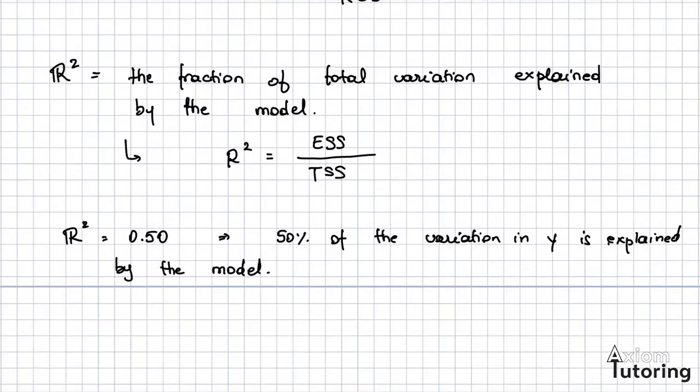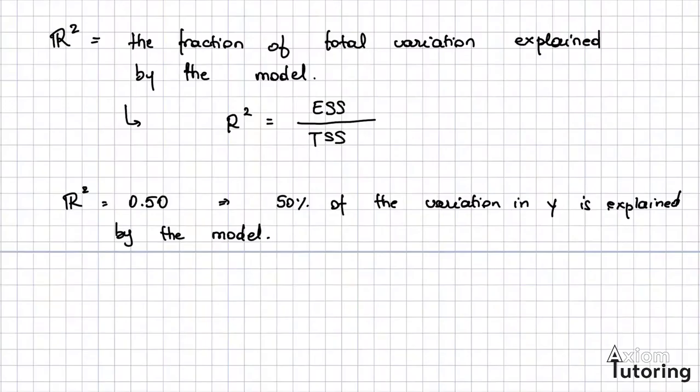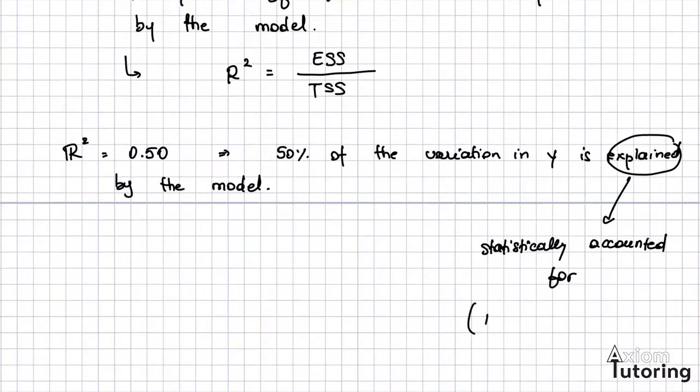Keep in mind, when we say explained in this definition, we mean statistically accounted for. I am not saying, and your output is not saying, that it is causal, but that it is statistically accounted for.